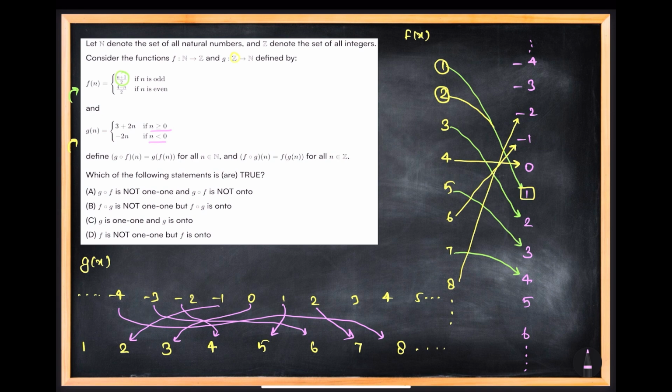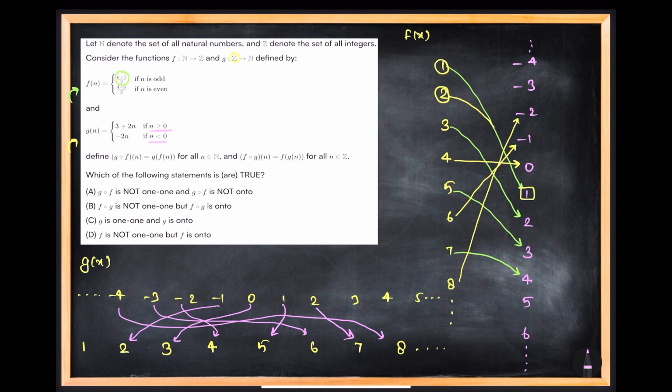Correct? So what I can conclude is that if you are dealing with the f of x function, the odd numbers cover positive natural numbers, and for the even numbers, the first even number, that is 2, connects itself with 1, and the remaining even numbers connect with 0 and the consecutive negative integers behind it.